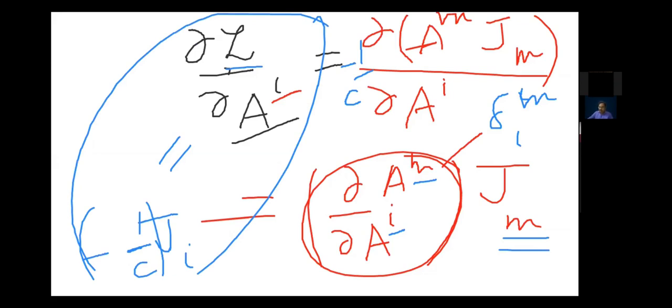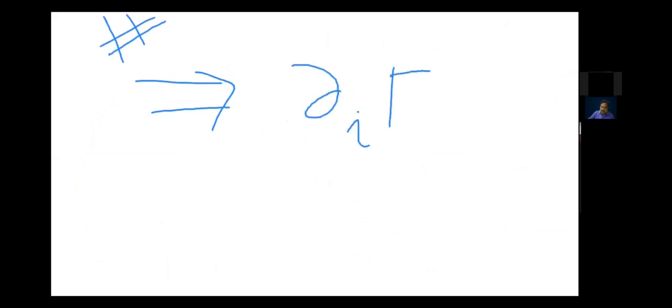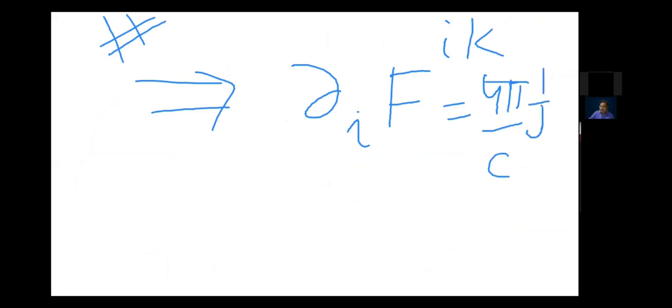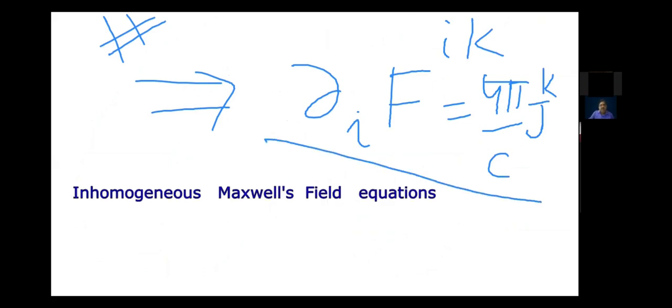So you will have calculated both the terms of the Euler-Lagrange equation, and finally you will get del_i F^{ik} equal to 4 pi by c j^k. Okay, now you all know this familiar inhomogeneous set of the Maxwell's equations.